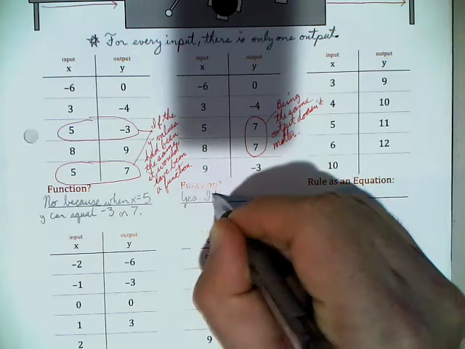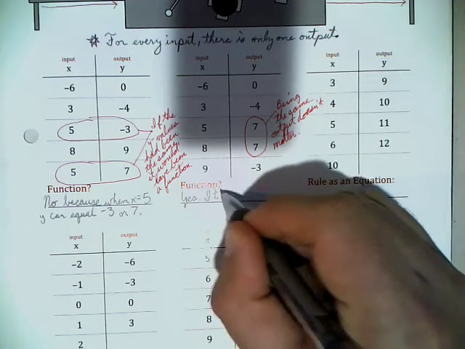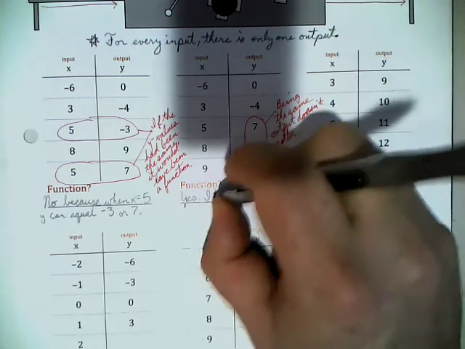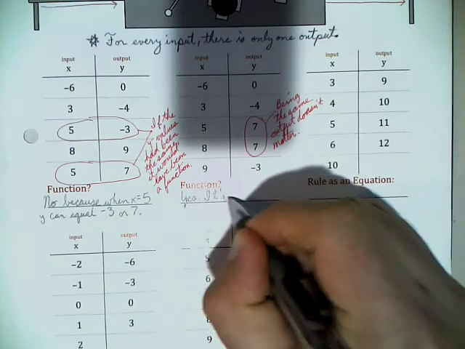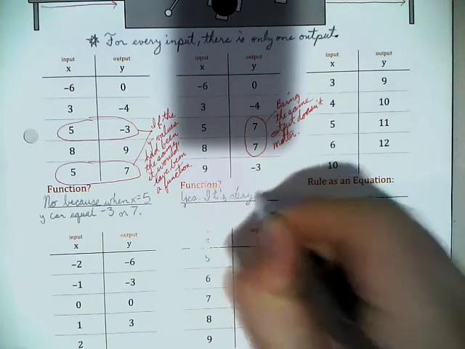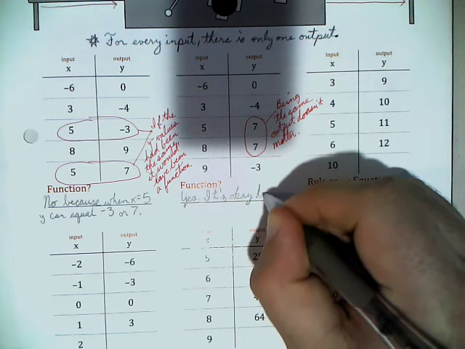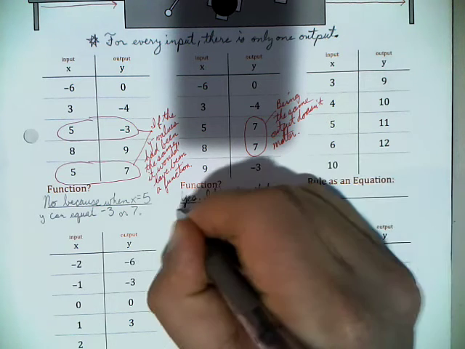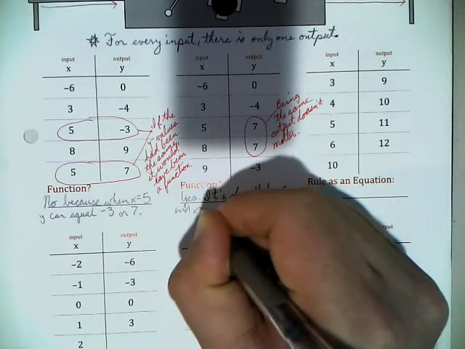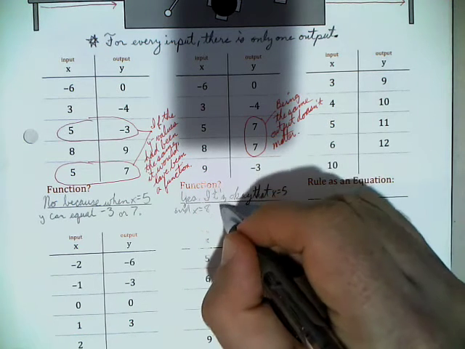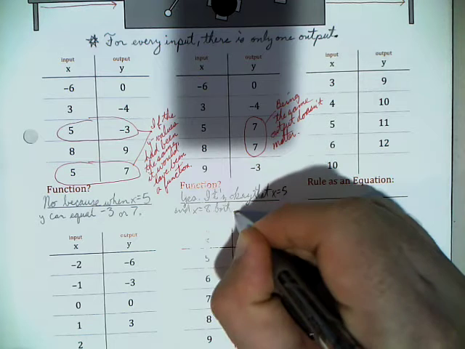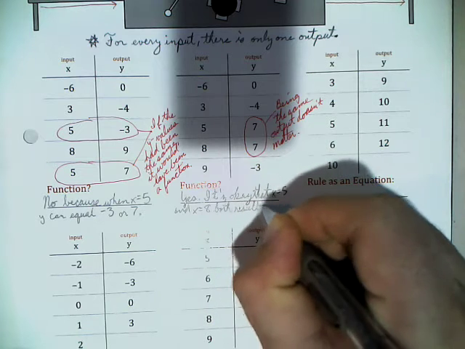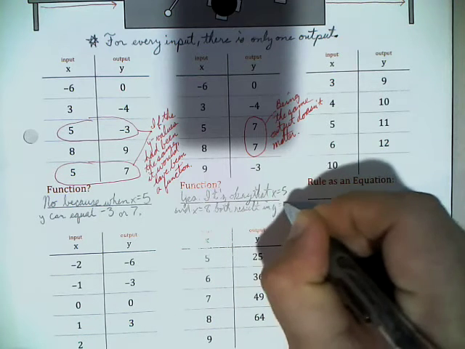We're going to make a note here. It's okay that x equals 5 and x equals 8 both result in y equals 7.